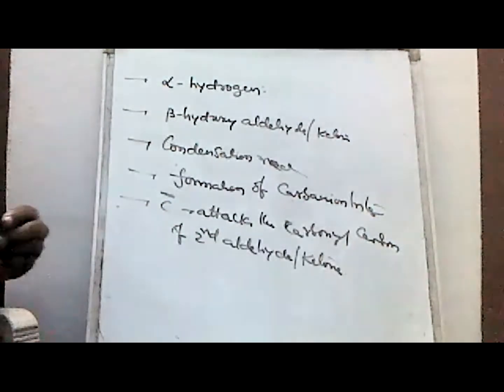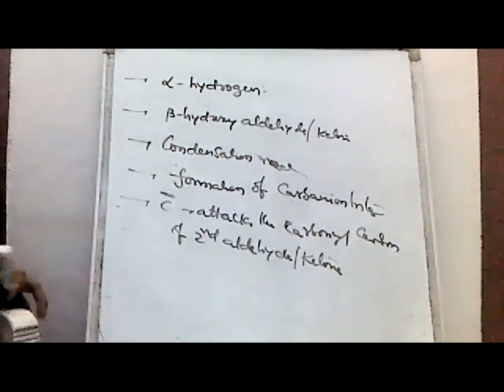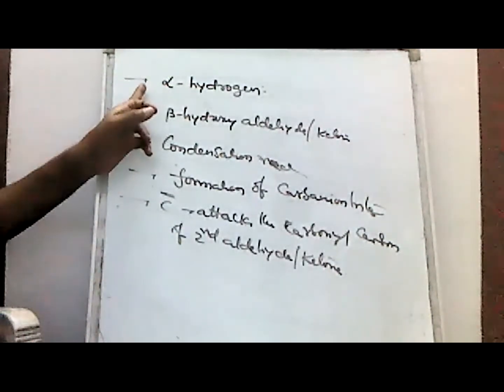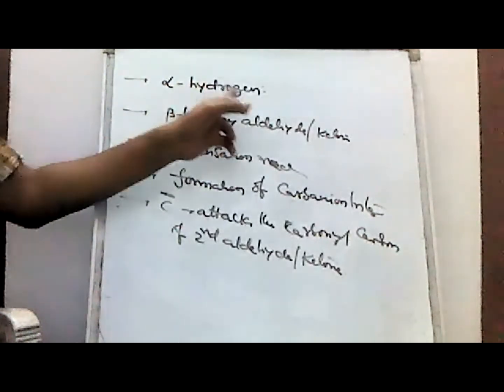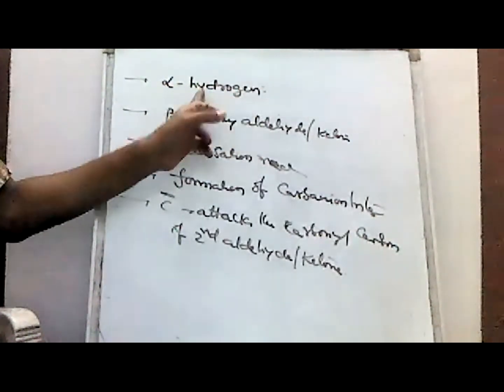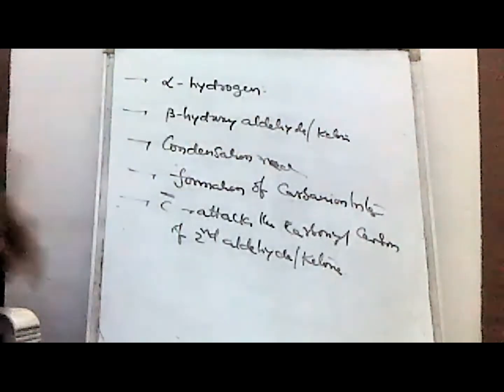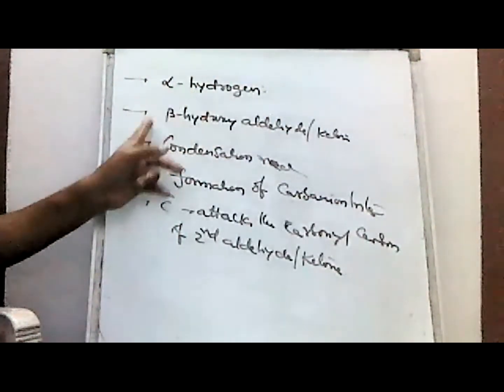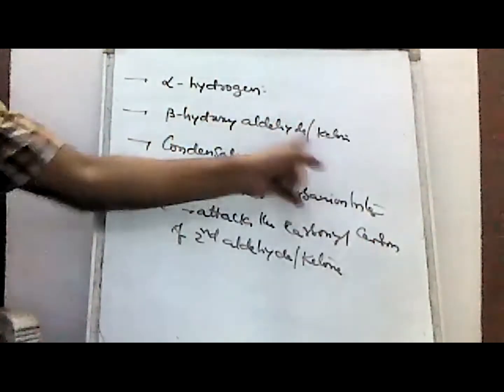A few basic things to remember: those aldehydes having alpha hydrogen only will participate in this aldol condensation. If there is no alpha hydrogen, there is no aldol condensation. Then they form beta hydroxy aldehydes or ketones.